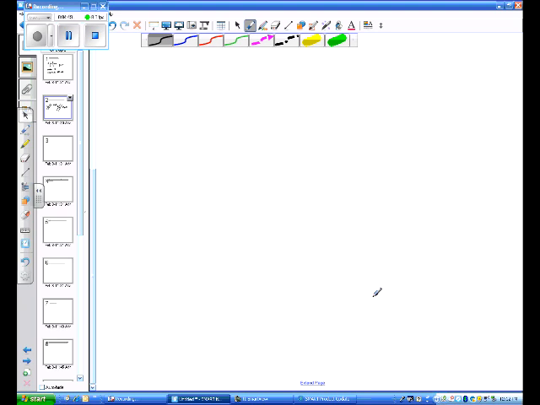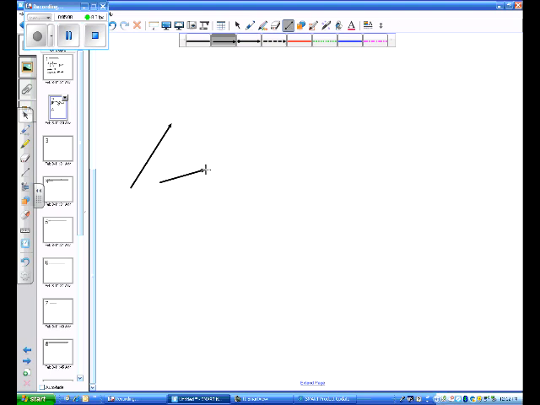And in some of our problems, we will use each of these depending upon the problem. But let's say that we have vector u and we have vector v. Now, if we want to add these together, let's look at the two methods.